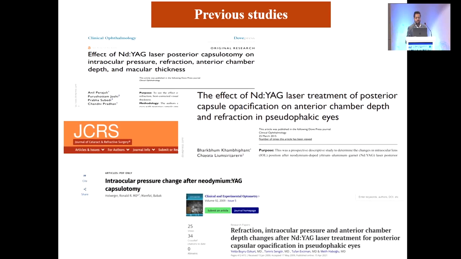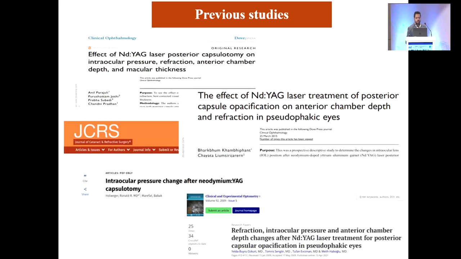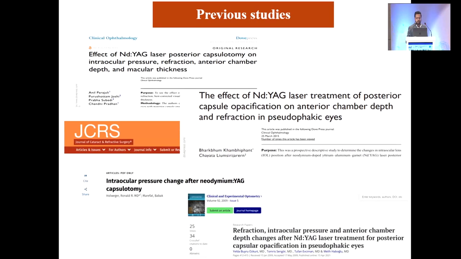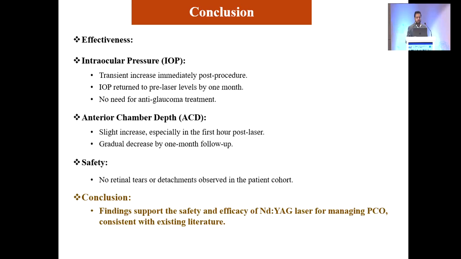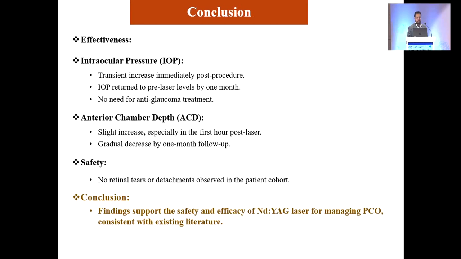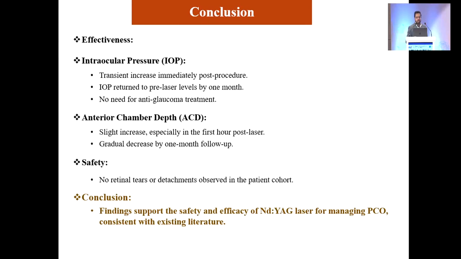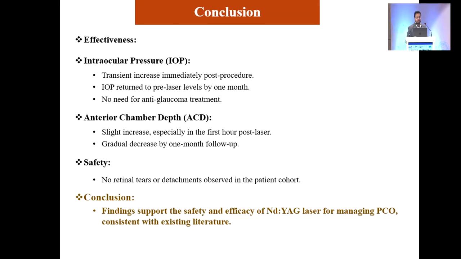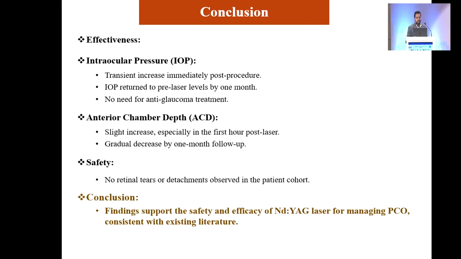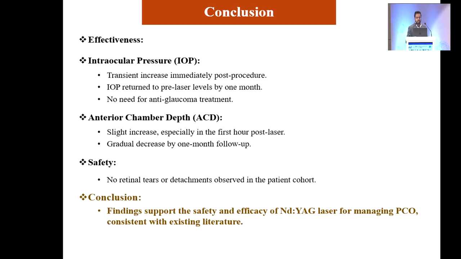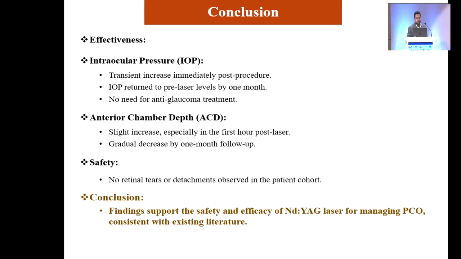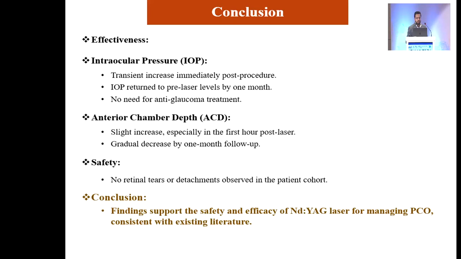They mentioned that there is an increase in intraocular pressure, but no change in anterior chamber depth. But in my study, I have noticed that there is a transient increase in intraocular pressure immediately post procedure, but IOP returned to pre-laser level by 1 month, and anterior chamber depth shows a slight increase, especially in the first hours post laser, and gradually decreases by 1 month follow-up.